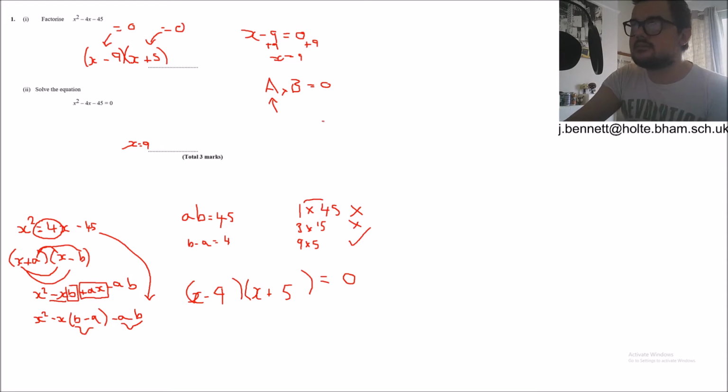So x plus 5 equals 0. So this time we take off 5 from both sides. x equals negative 5. So those are our two answers: x equals 9 and x equals negative 5.